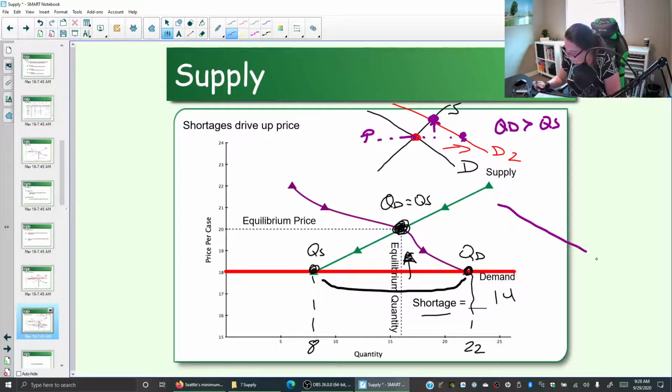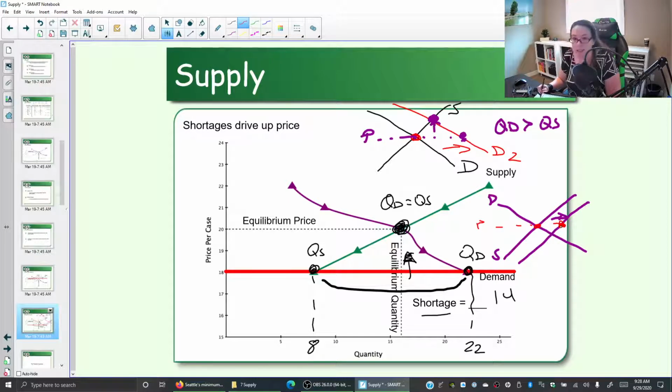We can also have changes in supply. So if a business has new technology that makes them more efficient, they are now able and willing to sell more at the current price. So notice here we were at equilibrium before.